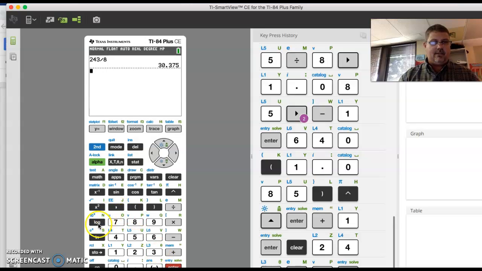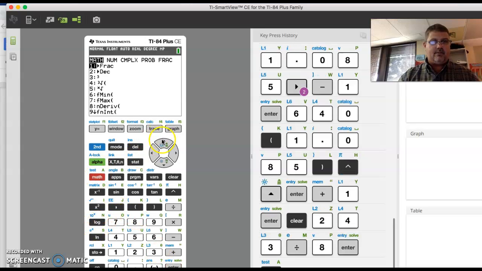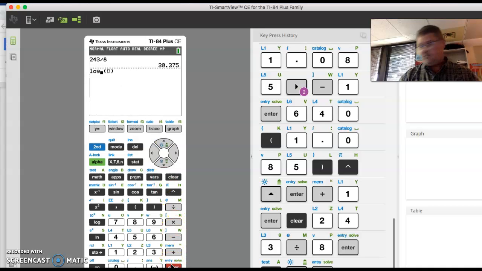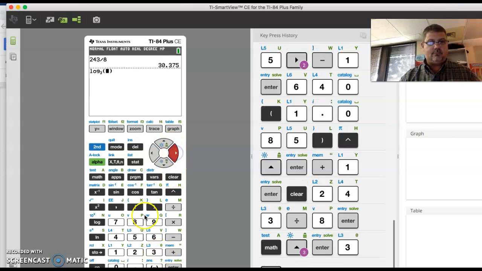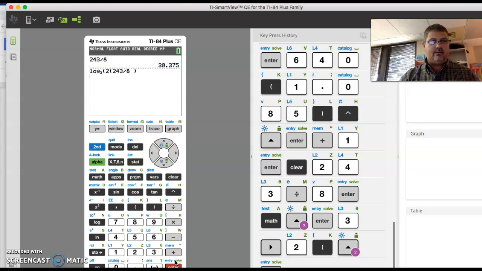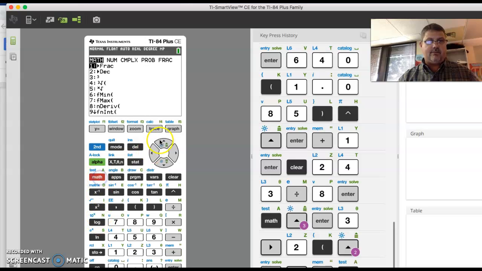And now I'm going to put in math log base 3 of 2 times that, and now we've got plus log base 3 of 4.